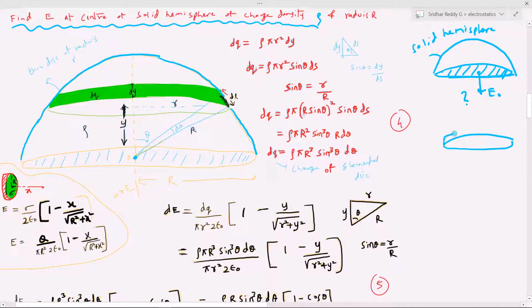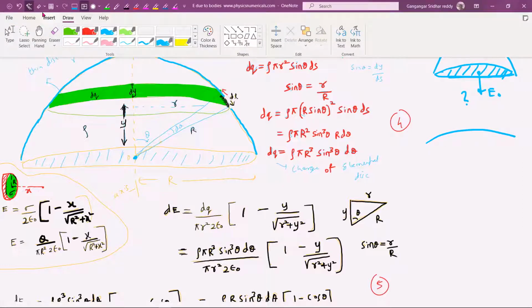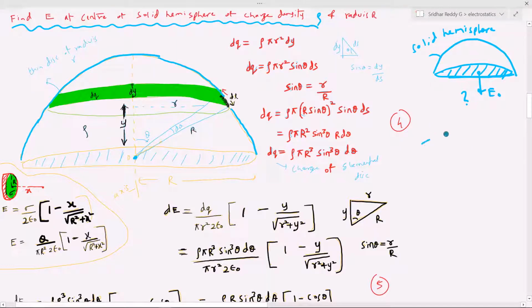So what is this? This is only a circular disc. Let me draw that disc also. This is the disc which I'm going to consider.